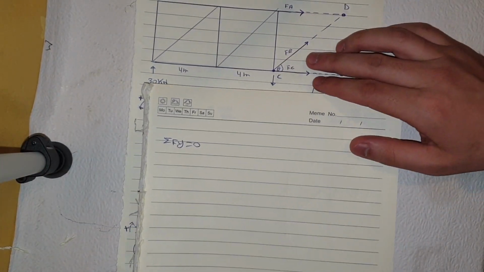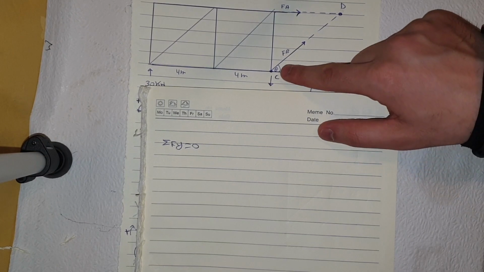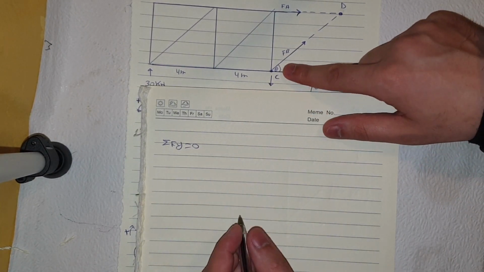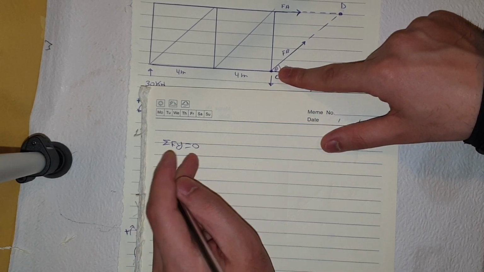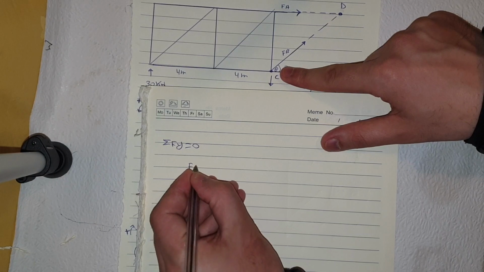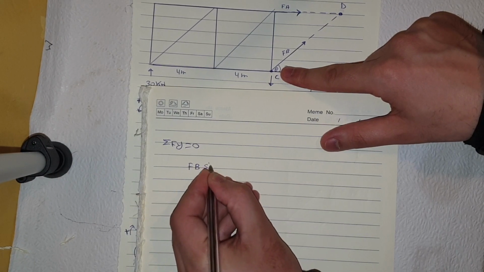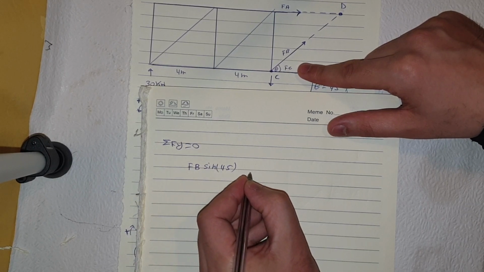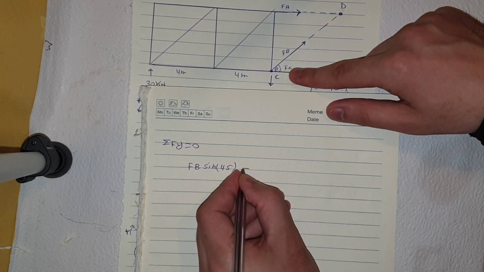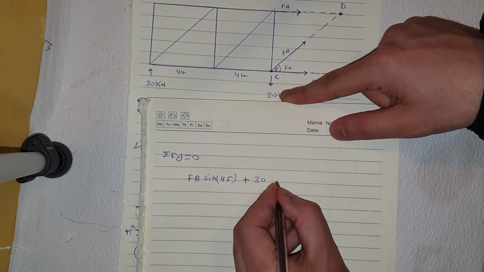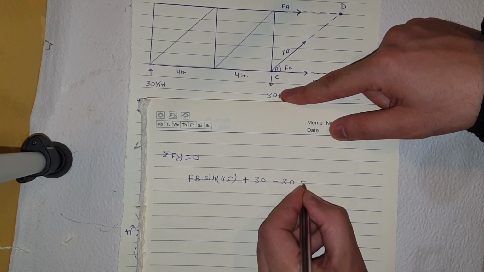So take summation of Fy, because in this direction everything is positive. Sine is positive, cosine is positive. So summation of Fy is equal to 0. So FB sine of 45 plus 30 minus 30 will be equal to 0.